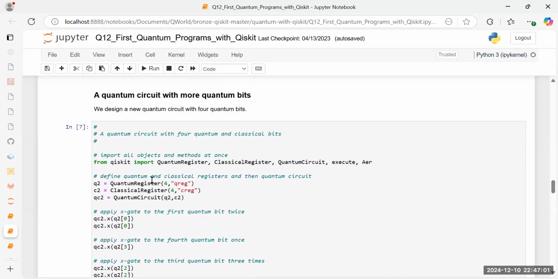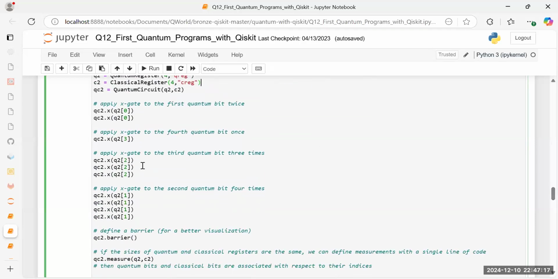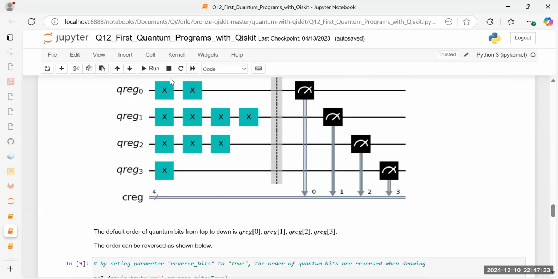So here we even have larger circuits. We're requesting 4 qubits here and 4 bits. And then we can introduce them to our circuits and apply operators. So we're applying the X or the NOT operator. And we can even draw out our circuit.